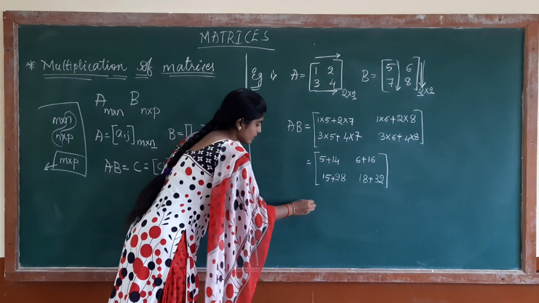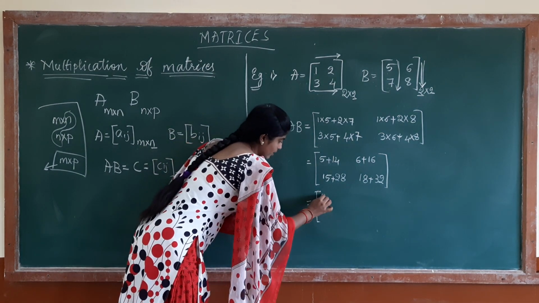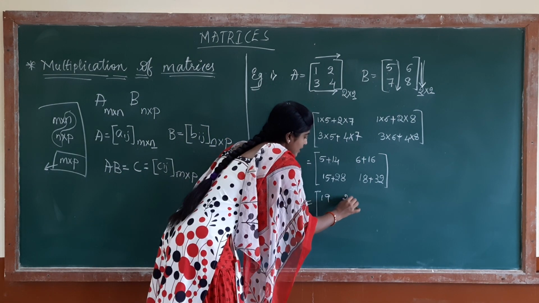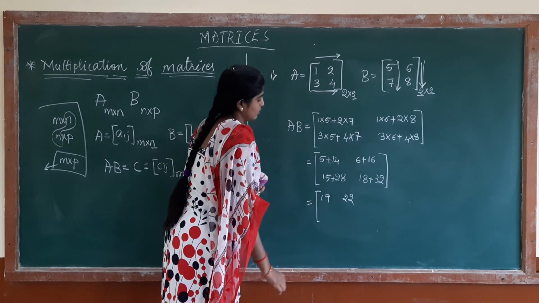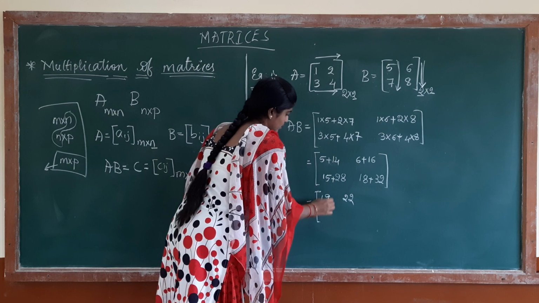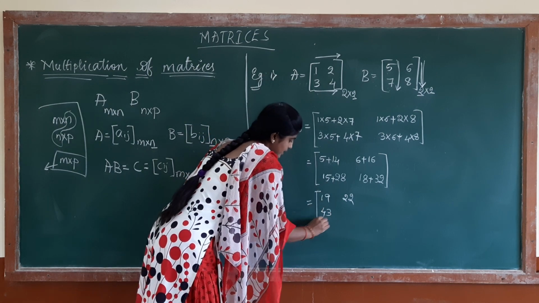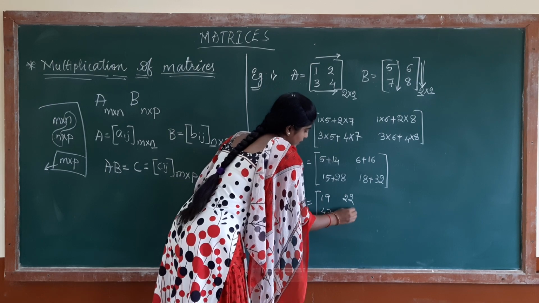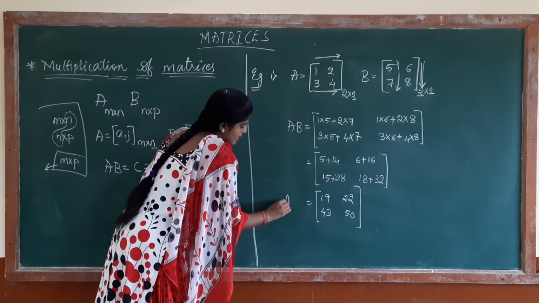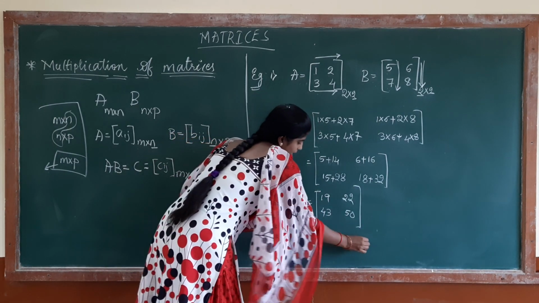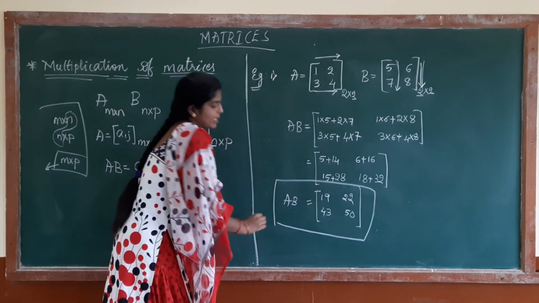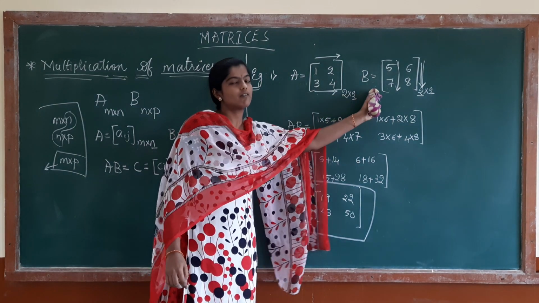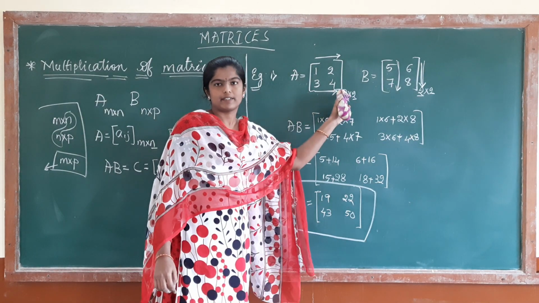If you add these, we get 19, 22, 43, 50. It is the matrix multiplication. It is the required answer of the multiplication of these two matrices.